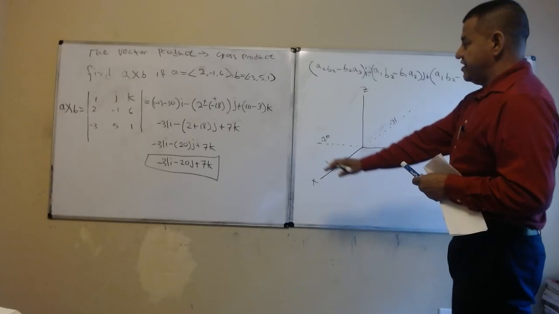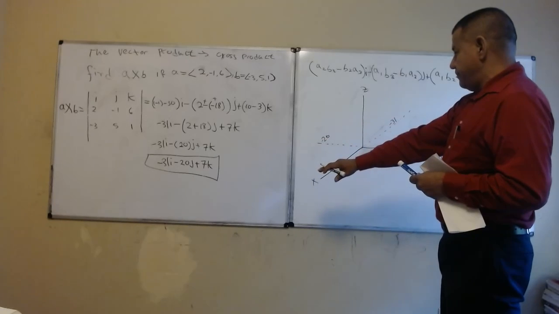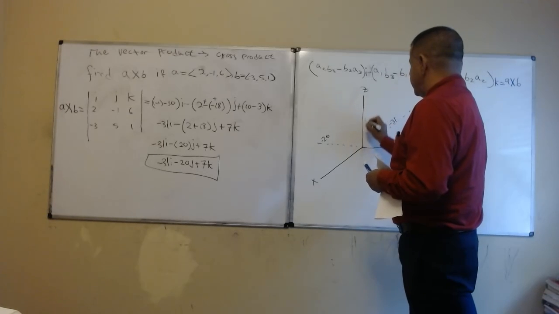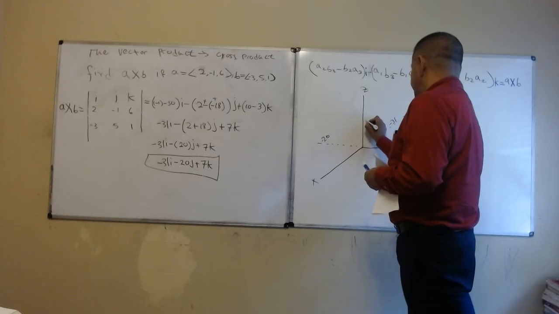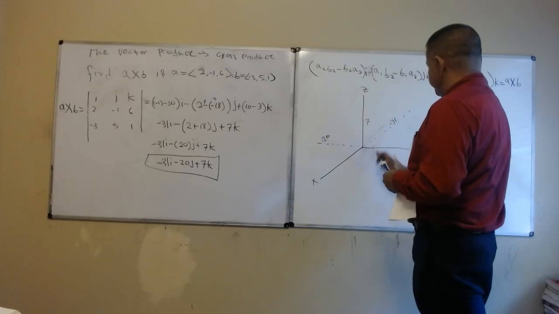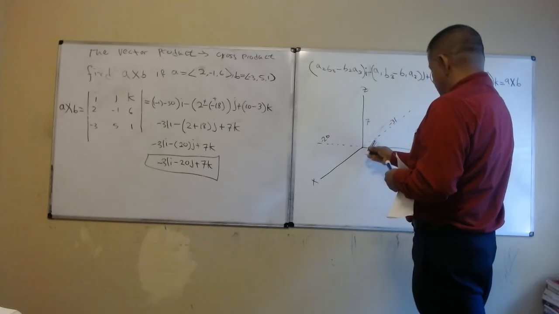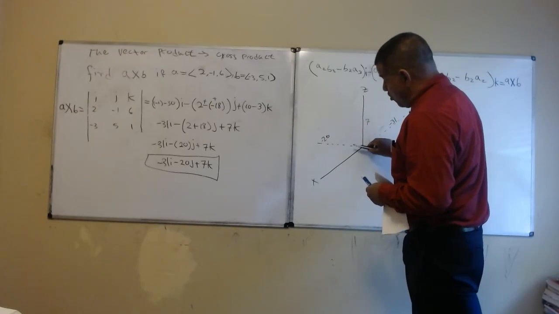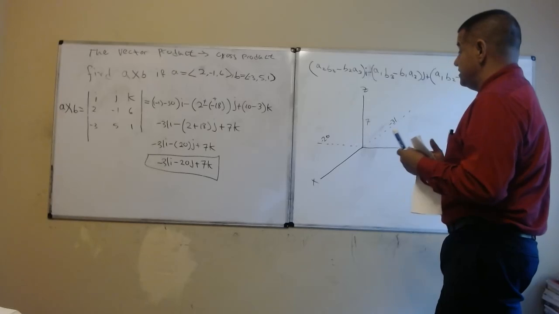The only one that I'm going positive in this case is right here. I'm going 7 units up, so I'm going 7 units positive. I'm going on the negative X, 31 units, and in the negative Y direction, 20 units. So that's how this is represented in three-dimensional space.